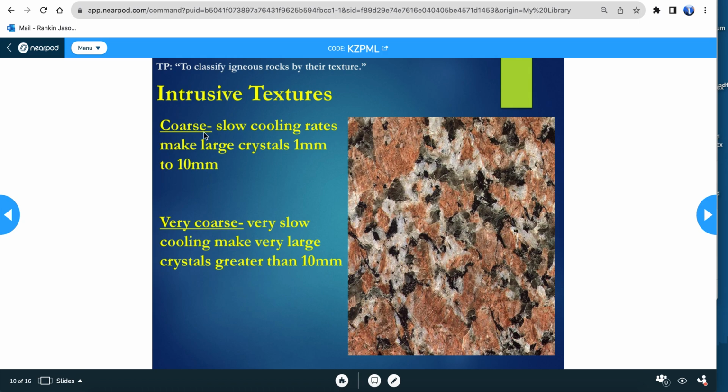The other one we have is very coarse texture. If it's a very coarse texture, it means it's going to be very big. Very slow cooling can make very large crystals, and this is greater than 10 millimeters. Much bigger than the coarse.